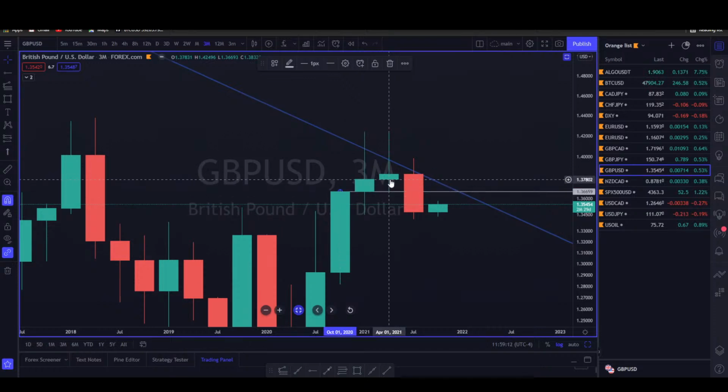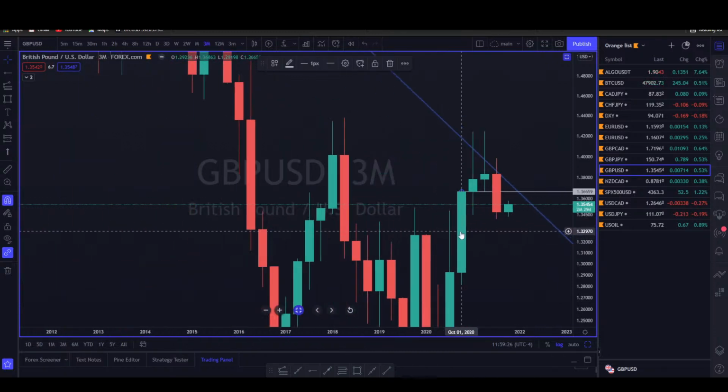Then you traded away from it, came up in here, put in this lower high, and there's your range expansion to the downside. So it's hard to say though, because this could also have been a buying opportunity for anybody that thinks that pound's going to break out above that.